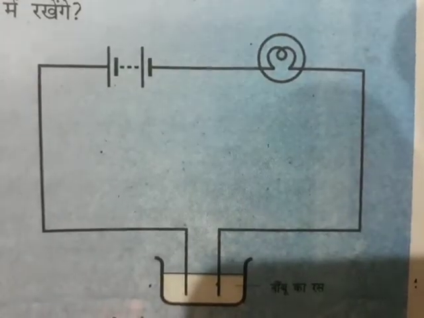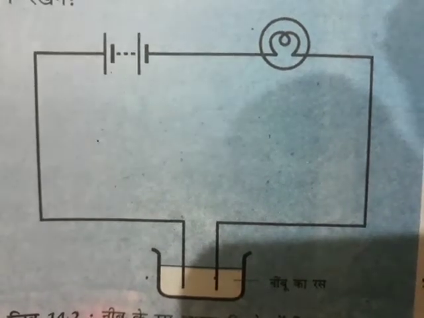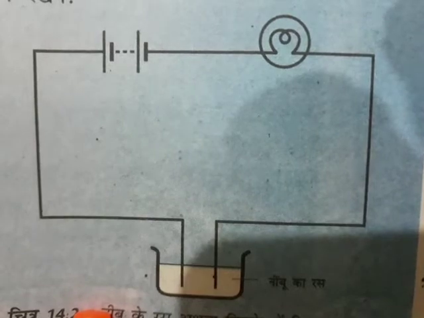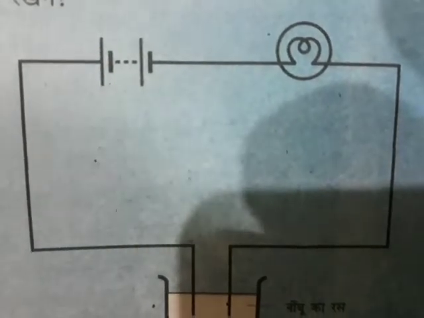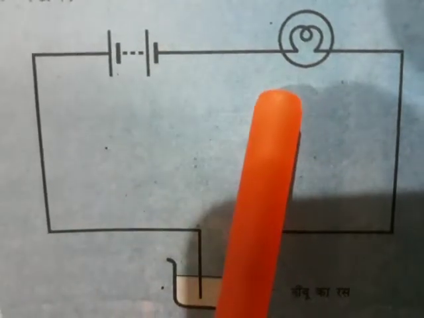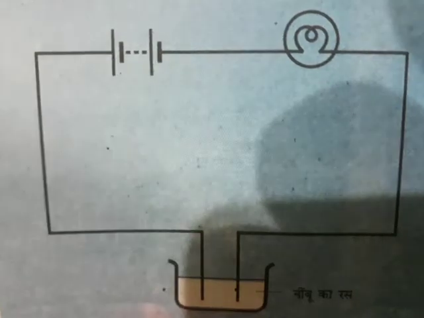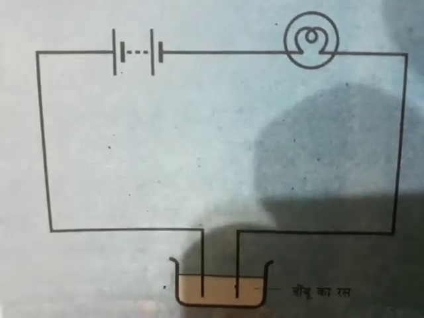With this tester, we have tested the conduction of electricity through tap water, distilled water, etc. When we test with distilled water, the bulb does not glow because distilled water is a poor conductor of electricity. It is free from salt.